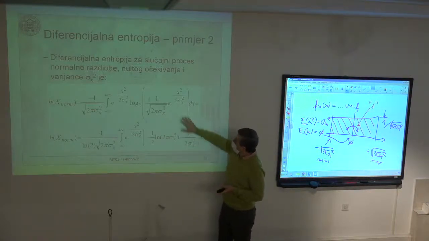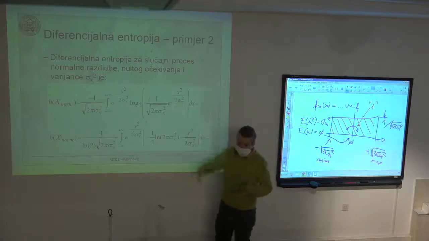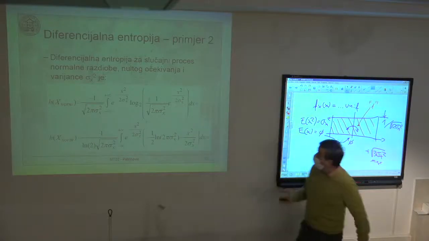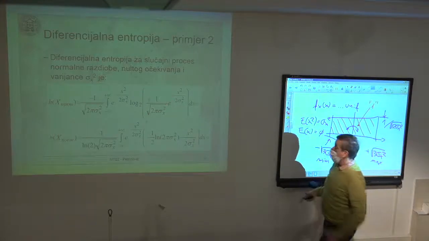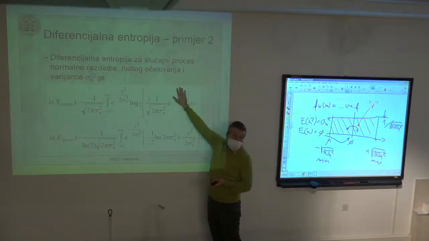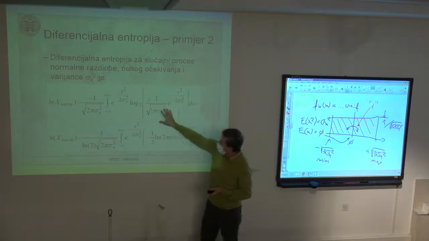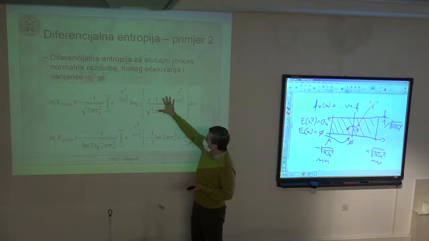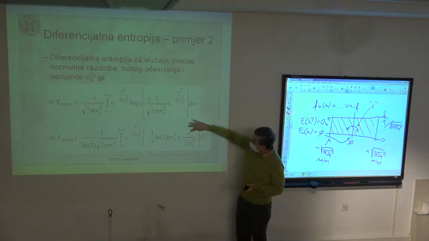And the second part is the logarithm of the exponential function of minus x squared over 2 times variance. Since it is the natural logarithm, the natural logarithm of the exponential function is nothing else but the argument of this exponential function, and that is minus x squared over 2 times variance. So I have divided this logarithm base 2 into the constant part, and the second part is x squared times something.